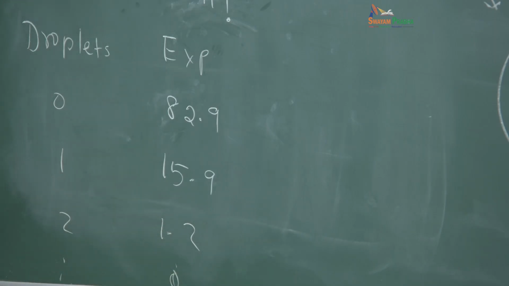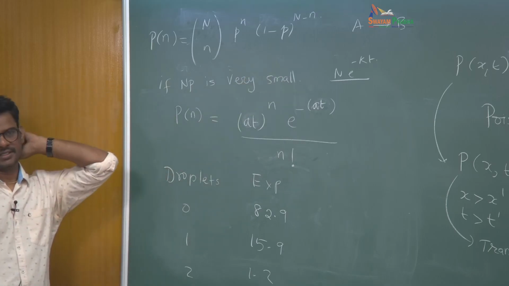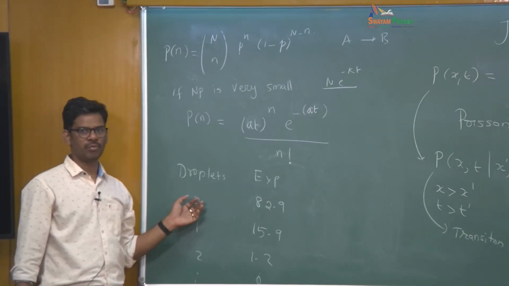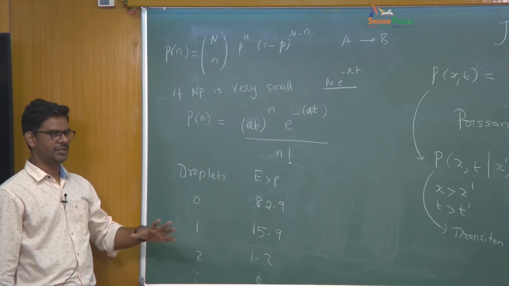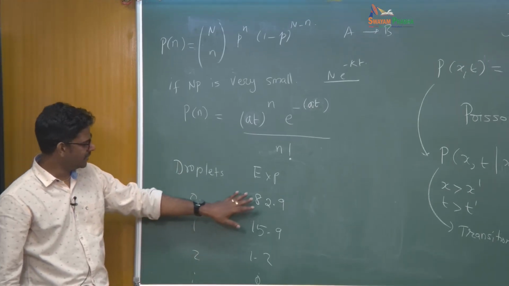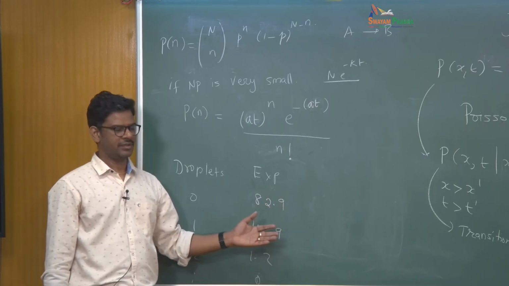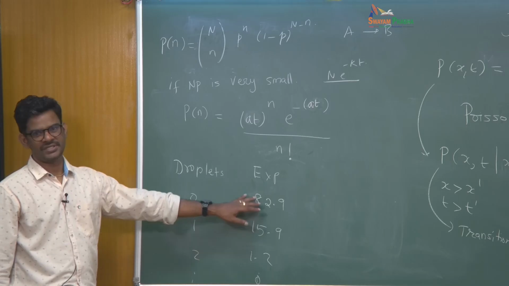So some experiments were done where reaction A going to B was conducted, and then they look at what is the probability of finding a droplet with no molecules of A, one molecule of A, or two molecules of A. Okay, using some fluorescence experiment, they found these are the percentage, or if you put 0.829, it will become a probability, but here they say in percentage.